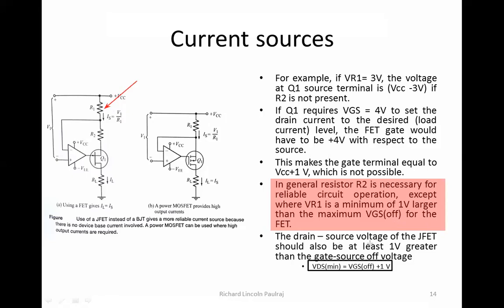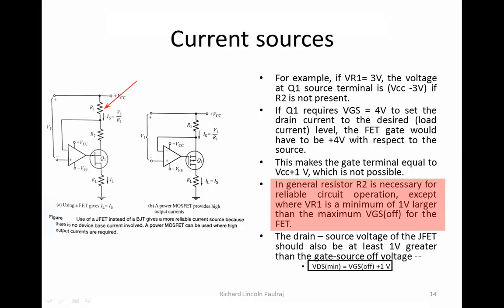Now, the drain to source voltage of the JFET. As I told you, drain and source, right? So these two terminals, the drain and source. The drain to source voltage of the JFET should also be at least 1 volt greater than the VGS off voltage.